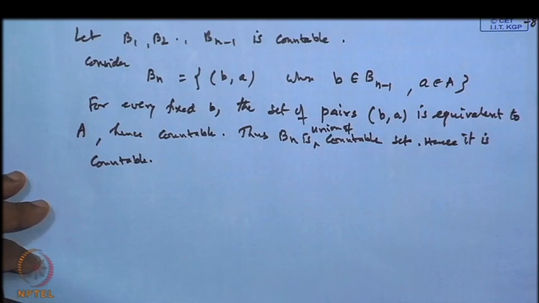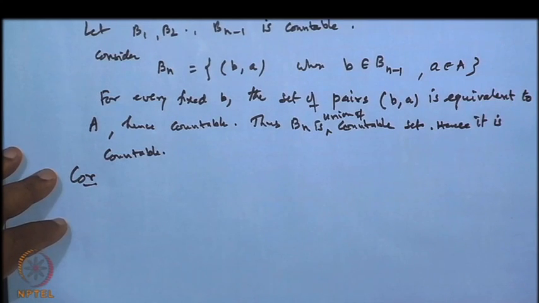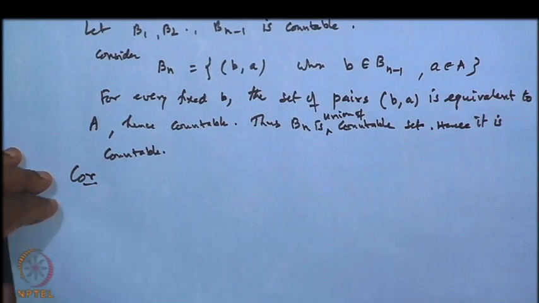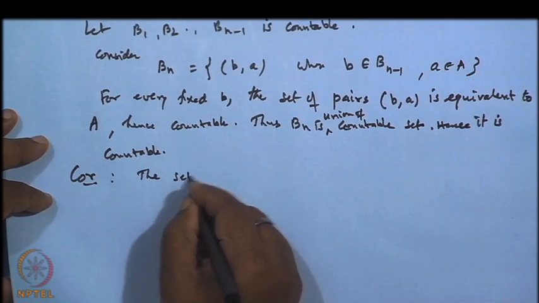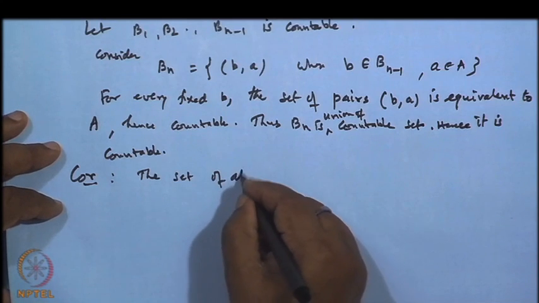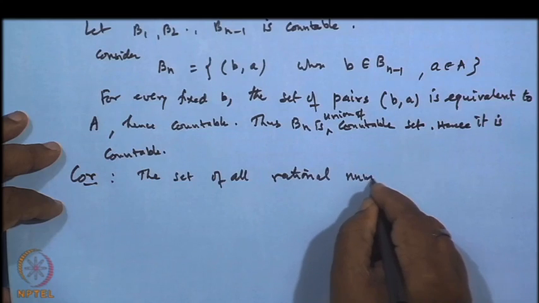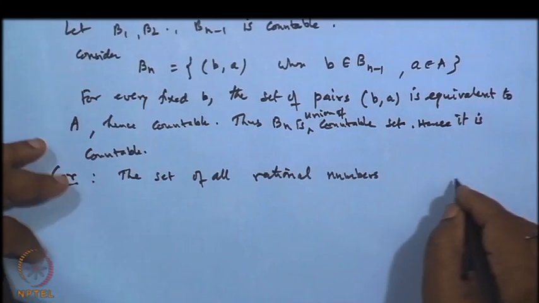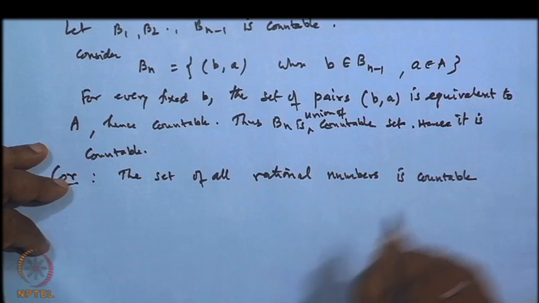Now, as a particular case, when you fix n as 2, we get the very important result that the set of all rational numbers is countable. Why?